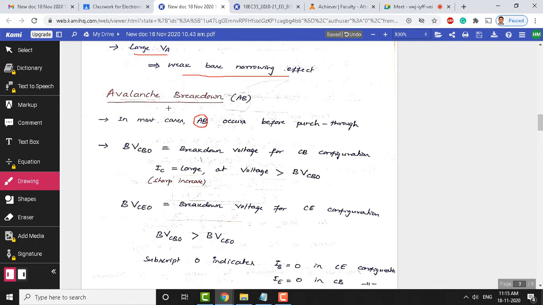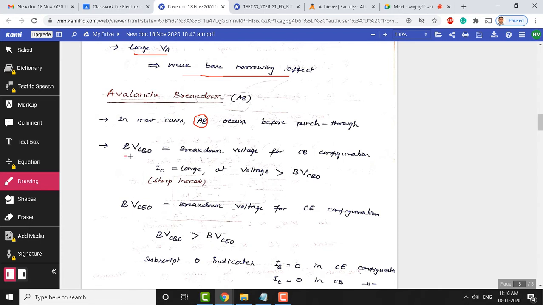When a large reverse voltage is applied across the collector base junction, a breakdown usually happens, and that breakdown in a transistor can be analyzed in this section, especially the avalanche breakdown, because this is the common breakdown which happens in a bipolar junction transistor due to the reverse bias applied at the collector and the base.